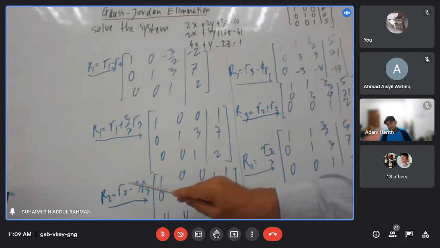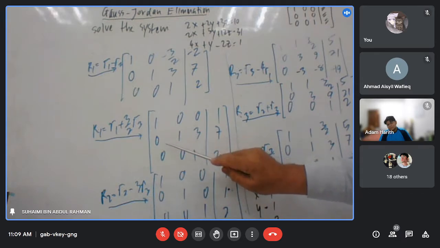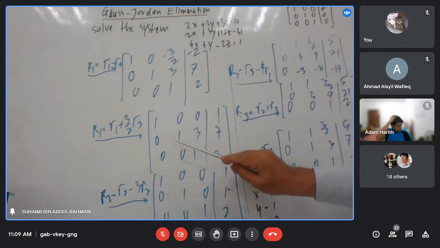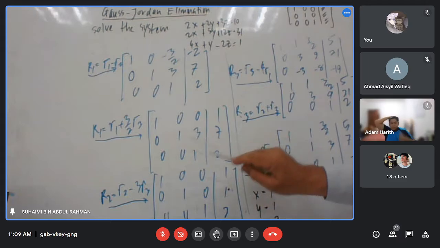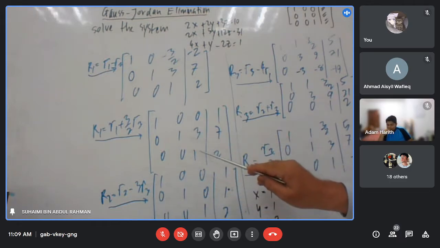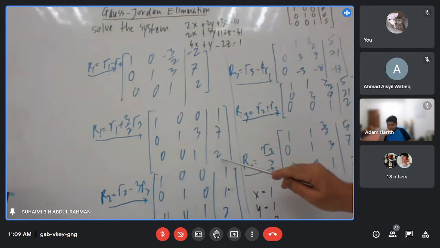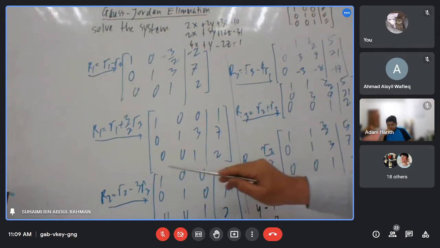Row number 2 minus 3 row number 3: 0 minus 3 times 0, 0. 1 minus 3 times 0, 1. 3 minus 3 times 1, 0. 7 minus 3 times 2, 7 minus 6, 1. To end up with this.